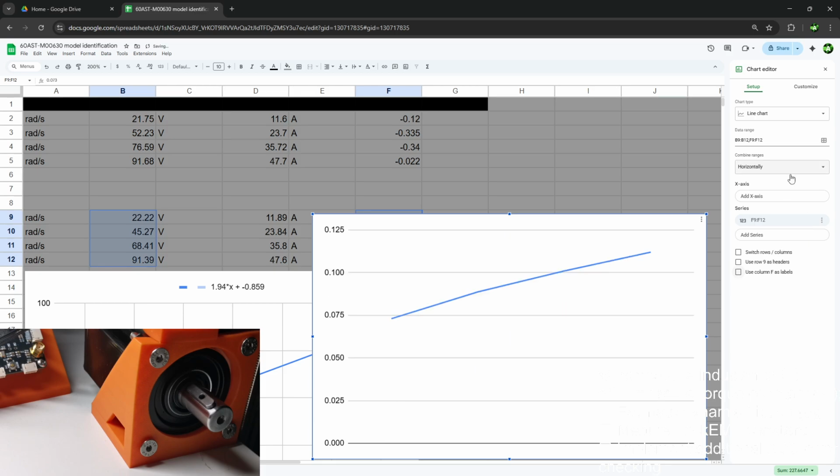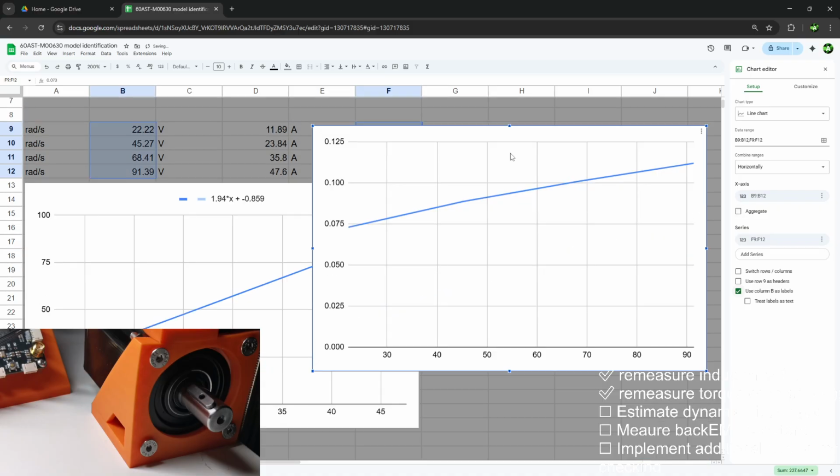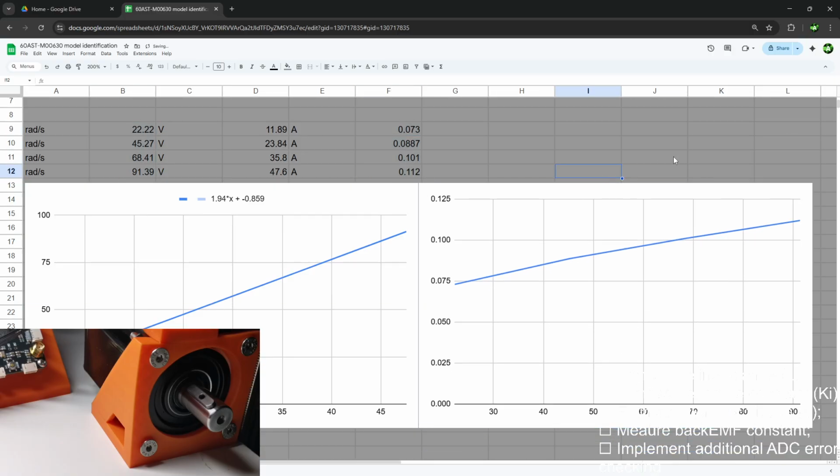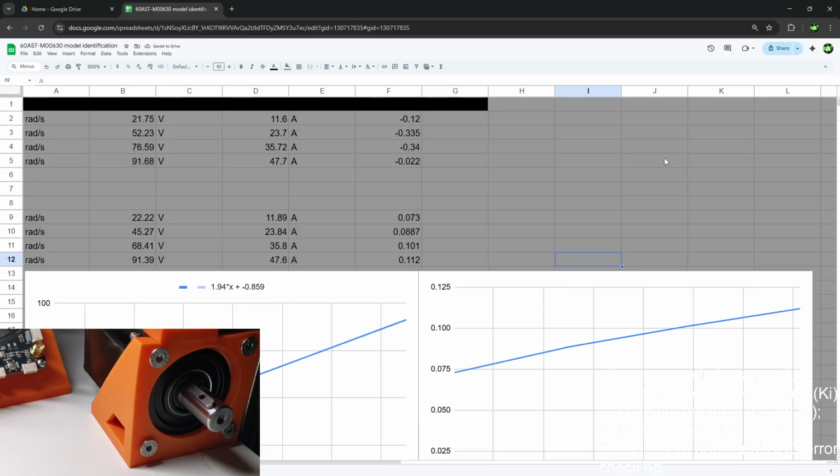Remove and add this. Okay. Nice. And so now let's understand what these graphs show us. A small water break. Done. Okay.